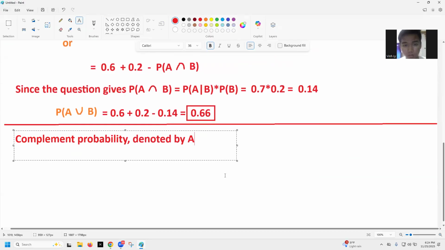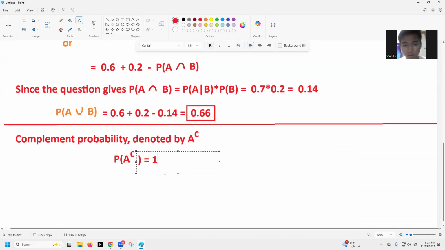Yeah, it was like A^C union B. Yeah, this is the homework question. So we have the probability of A^C equal to 1 minus the probability of A.